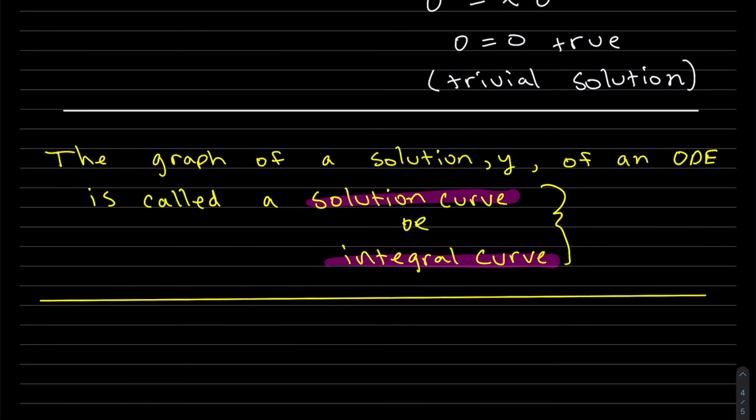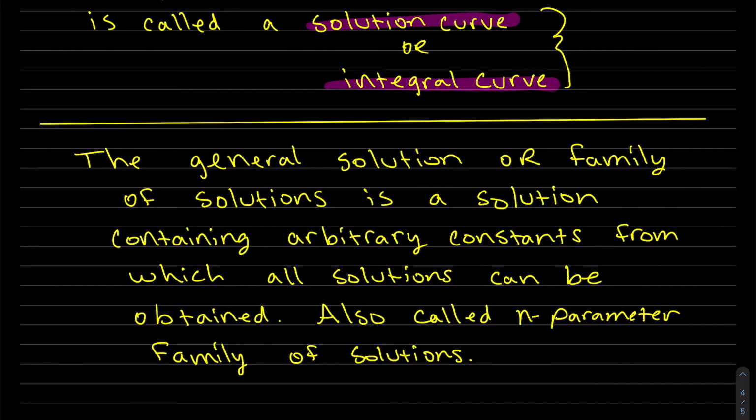Something we'll be looking at later in another section is graphs of solutions, the solutions being y. The graph of an ODE solution is called either a solution curve or an integral curve. Here we have the general solution or the family of solutions, which was our previous example.